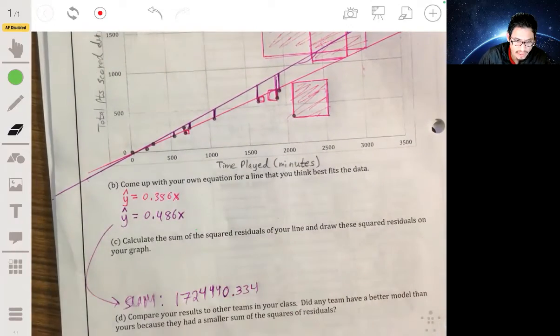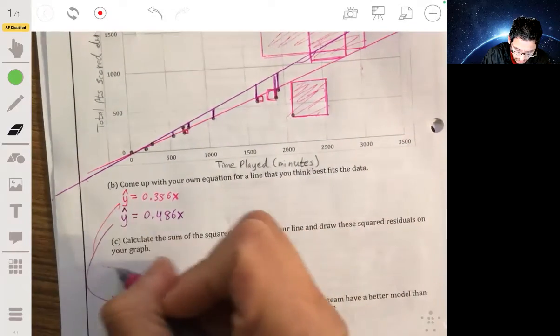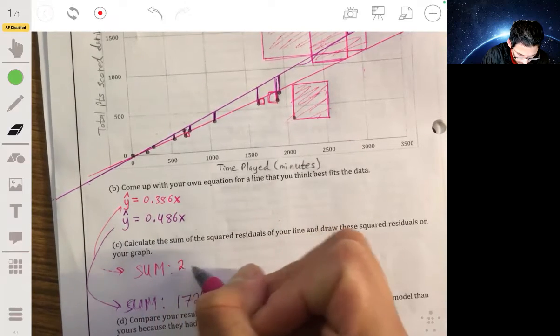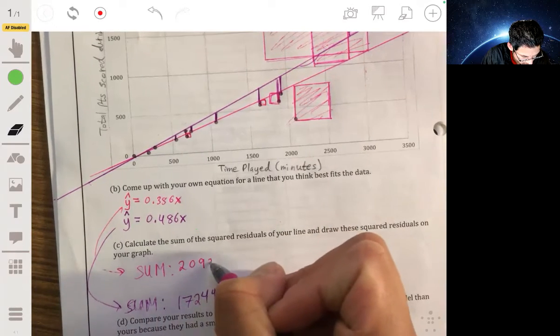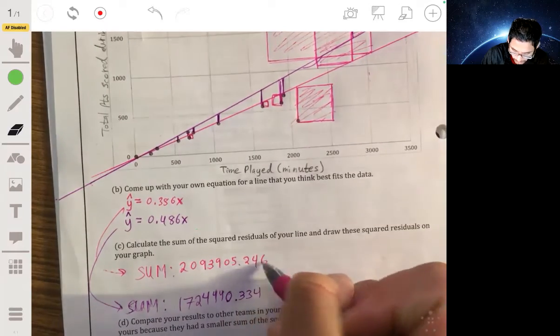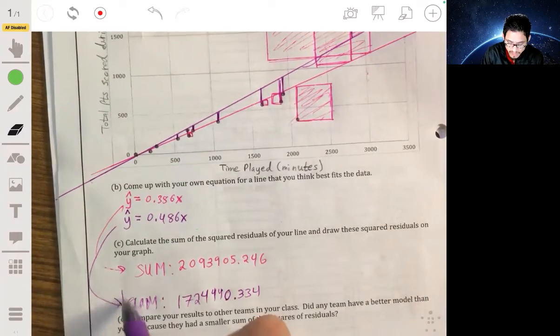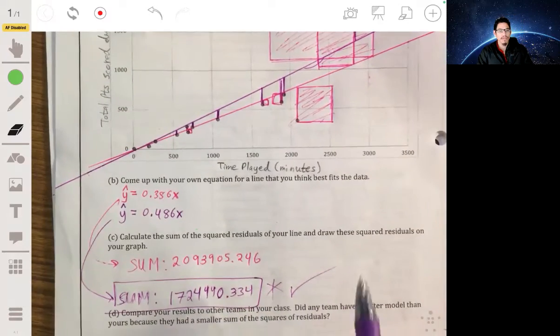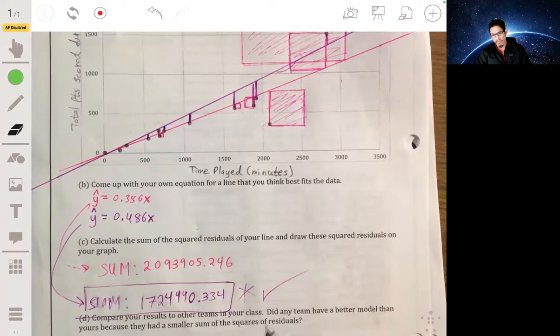And for the pink line, the sum we got was about 2,093,905.246. So the purple one's better. This is the winner. Yay. You don't get any money, but if you pick the better line, that's cool.